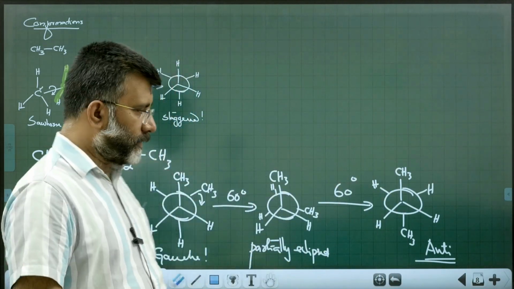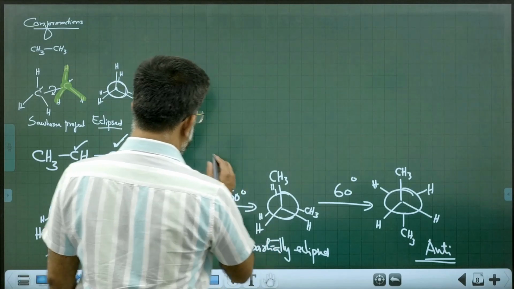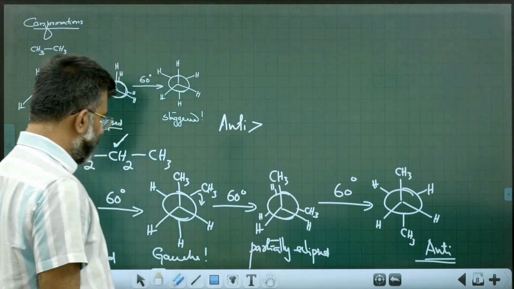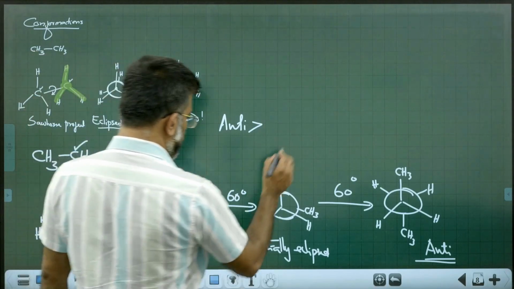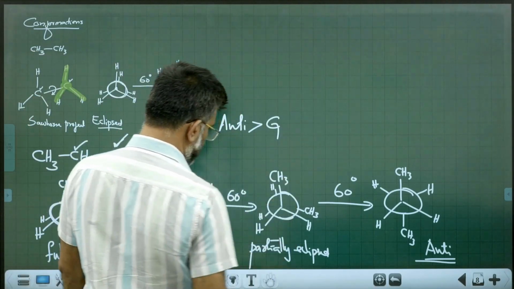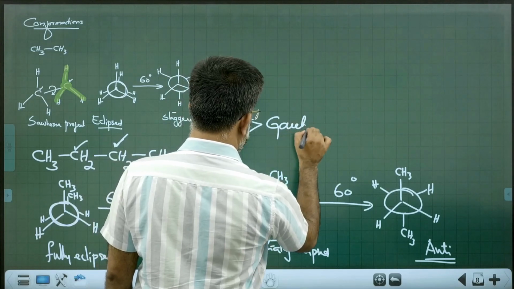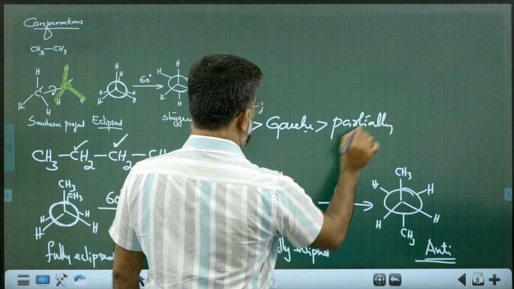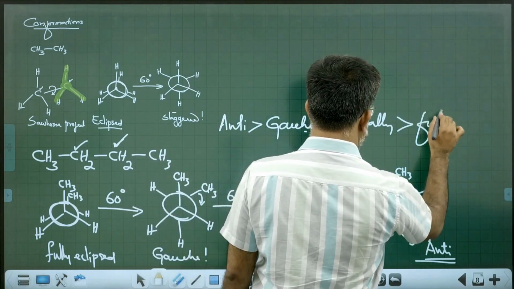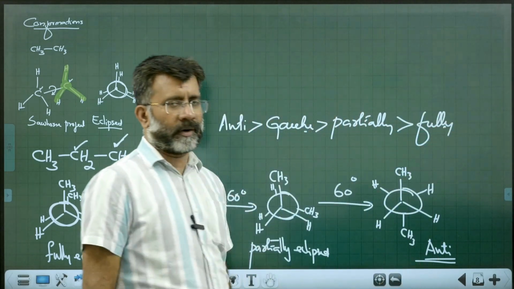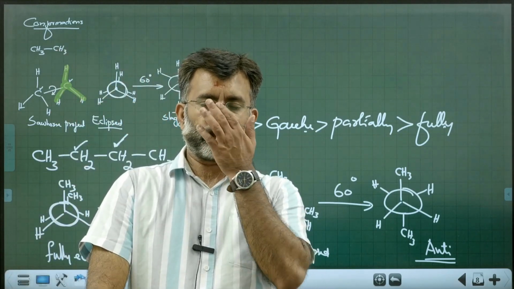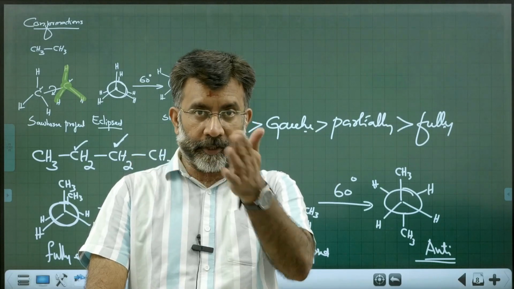Most stable is anti. What is next? Then it is Gauche. Then it is partially eclipsed. And least stable is fully eclipsed. That is the order of stability of various conformations. Even though it is not in the text, you need to know.